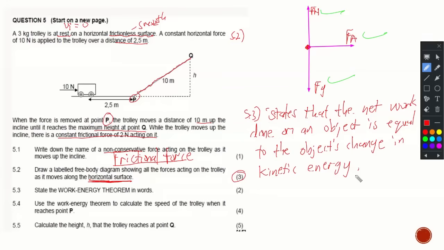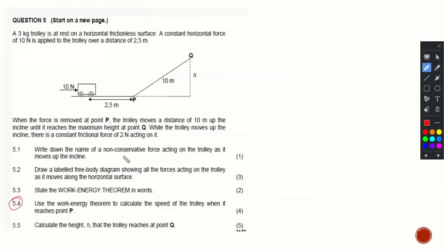Then 5.4 says, use the work energy theorem to calculate the speed of the trolley when it reaches point P, right? So 5.4, we're going to say W net is equal to change in EK. Now, at this point, we saw that the only non-conservative force that we have is the force applied.